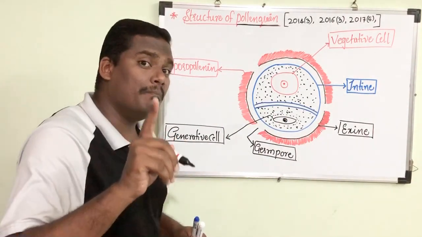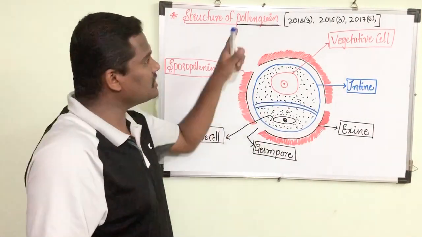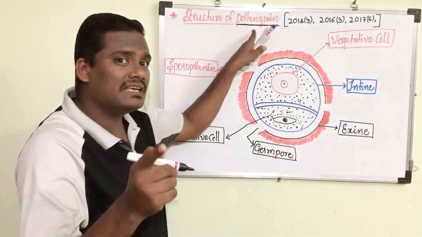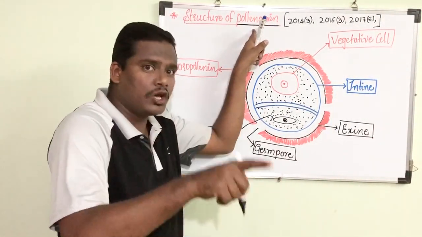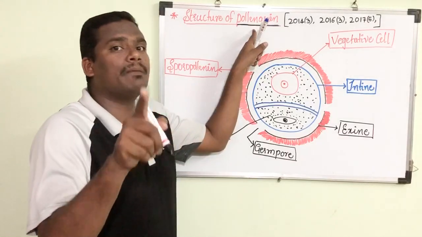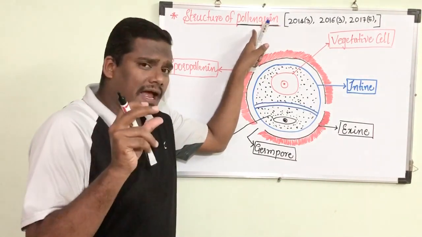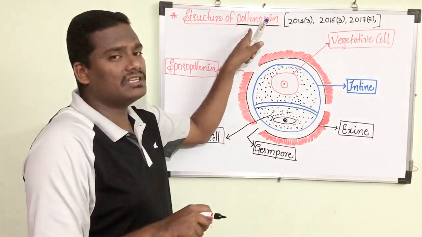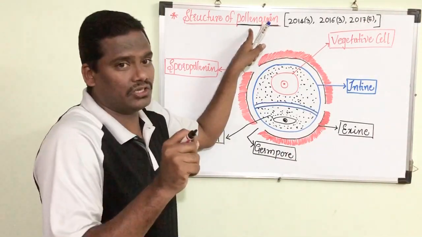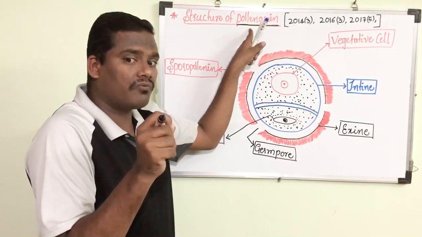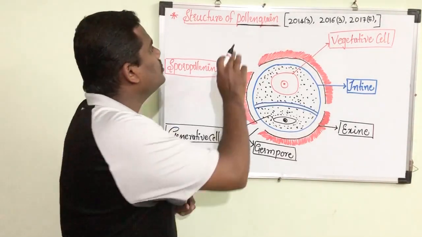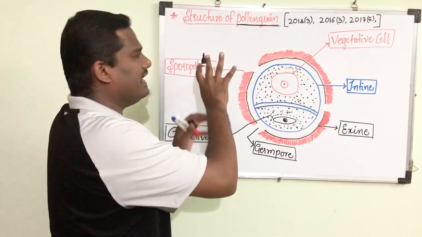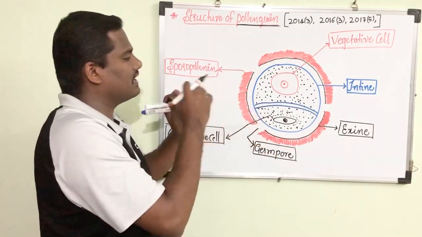Pollen grain is a male gametophyte, and it is synthesized, nourished and matured inside the pollen sac. Now the question arises where this pollen sac is situated. This pollen sac is situated inside the anther, and anther is a part of androecium. So these pollen grains are nourished and synthesized inside the anther.